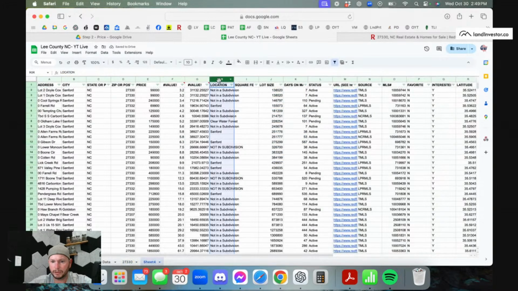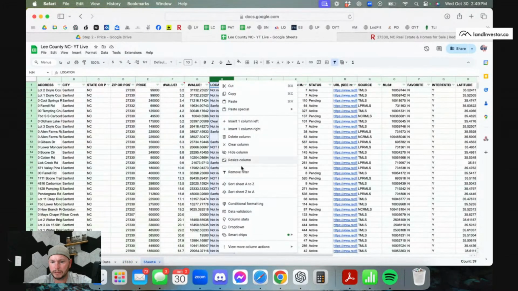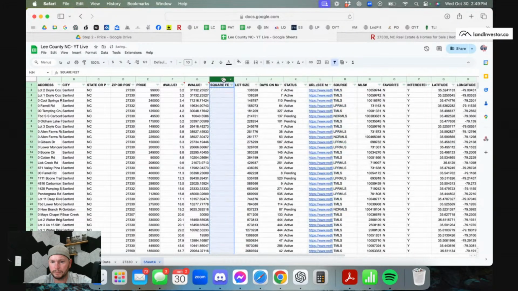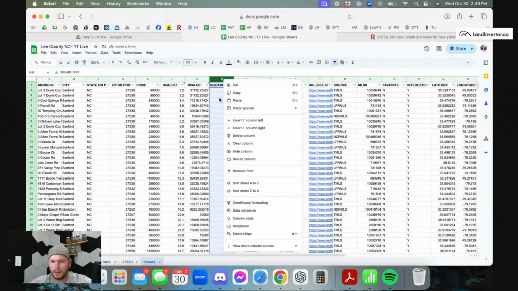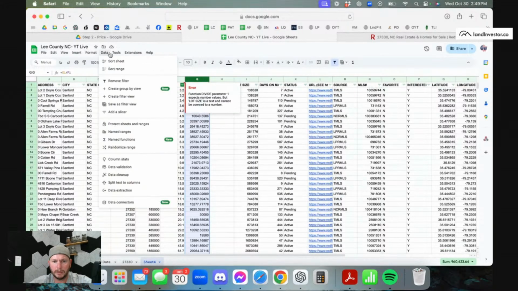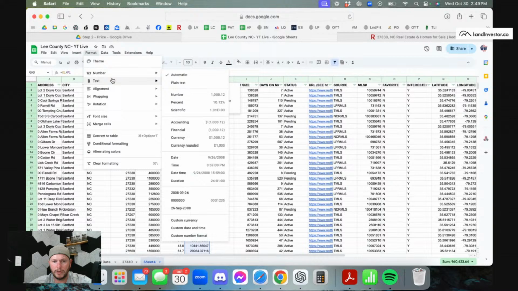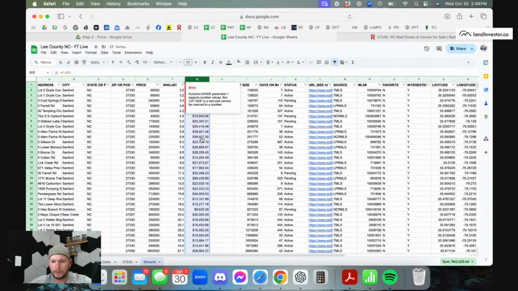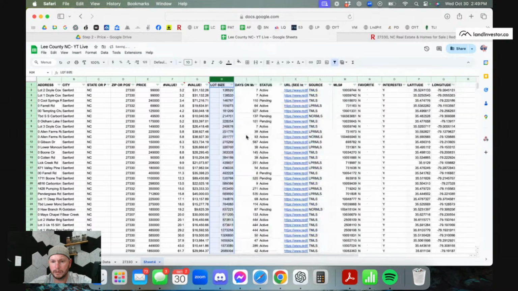So I'm going to do the similar things, right? So let's delete column. Let's get rid of this. Delete column. Okay, cool.